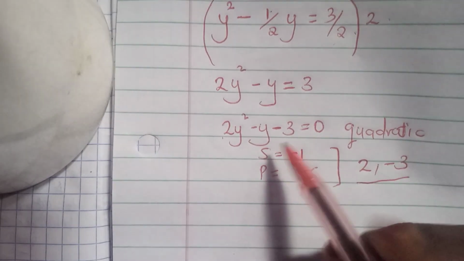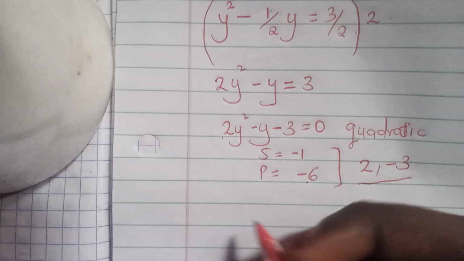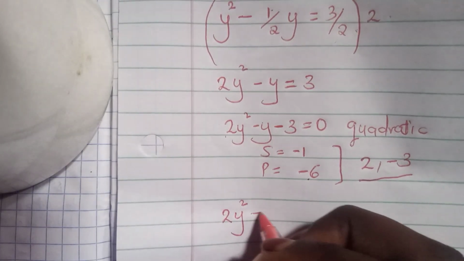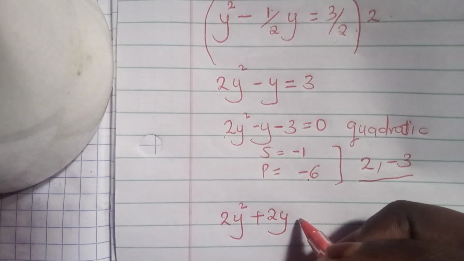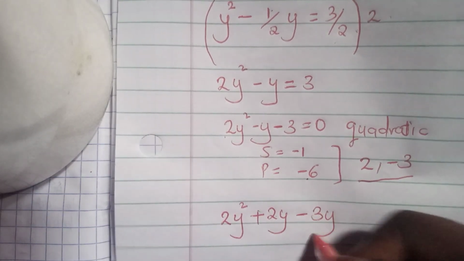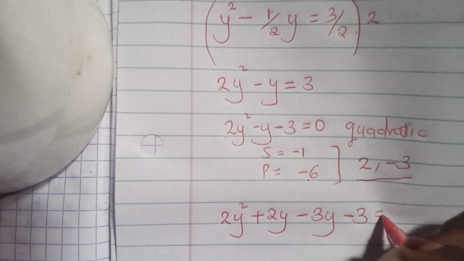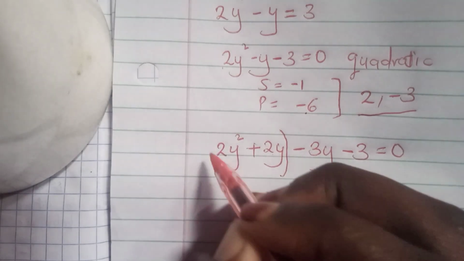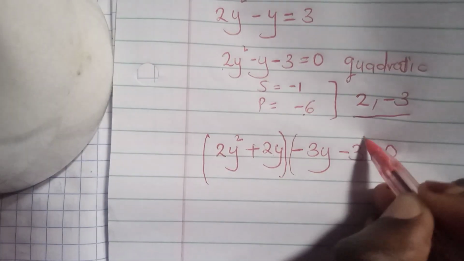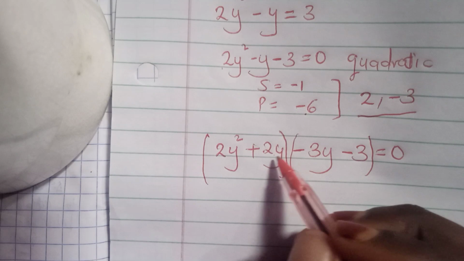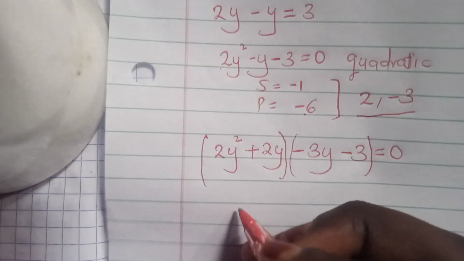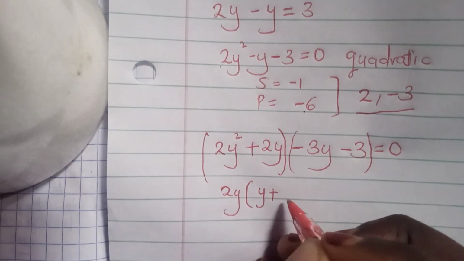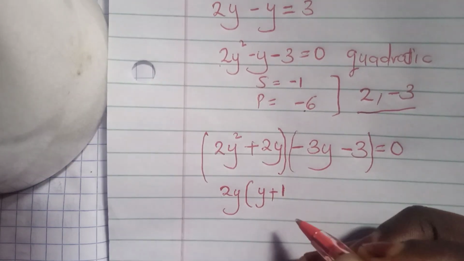These numbers, we are going to substitute them in our quadratic equation. So 2y squared plus 2y minus 3y minus 3 is equal to 0. Now, this becomes our first term, and this is our second term. Let us now factor out our common factor here, which is 2y. So this will be y plus 1.